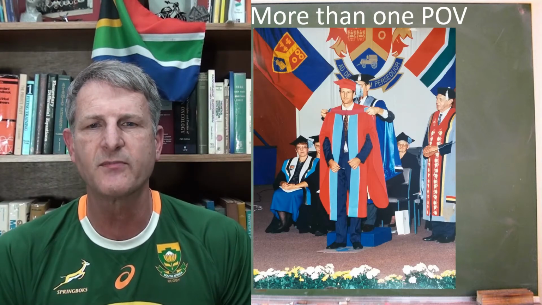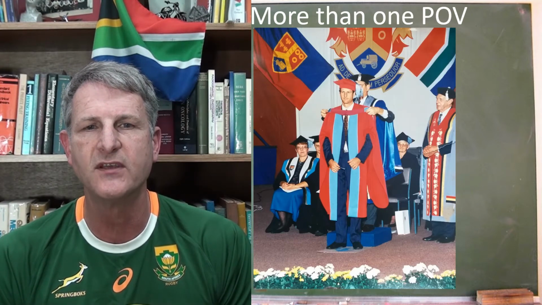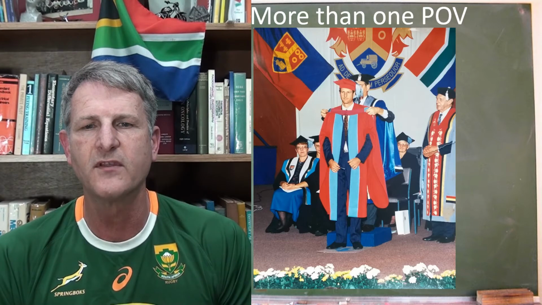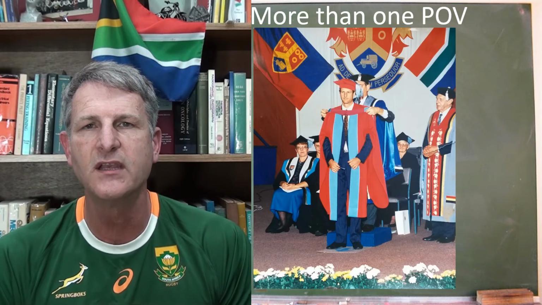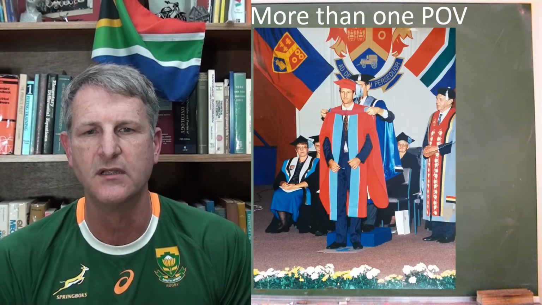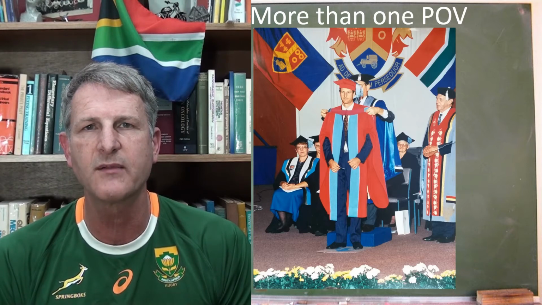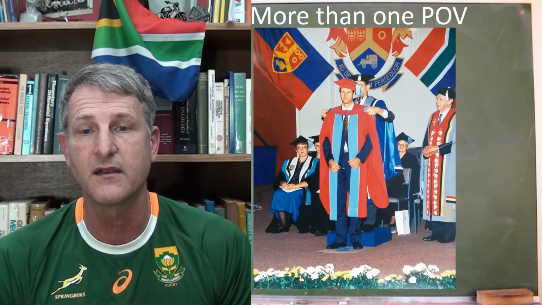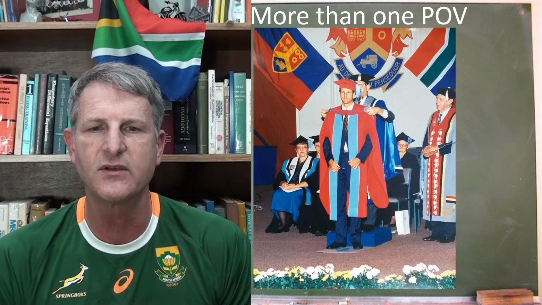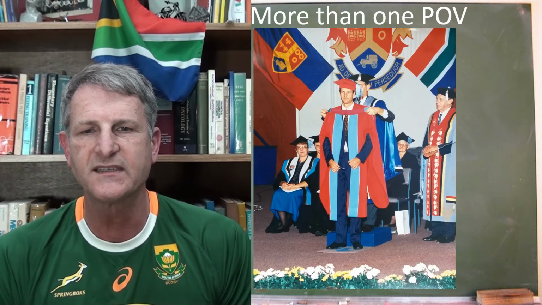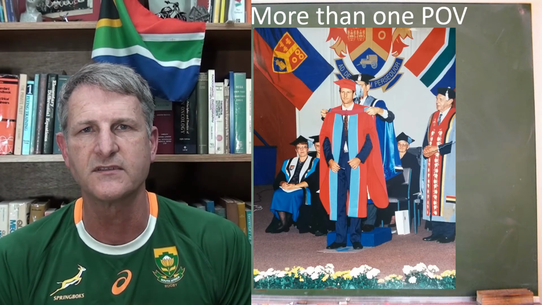It is of course problematic if one bases the point of view or position of the opinion on the chart solely on looks. For example, if you look at me now in my Springbok rugby jersey, you may think that I'm a jock. But then my graduation photo for my physics PhD may tell a different story.